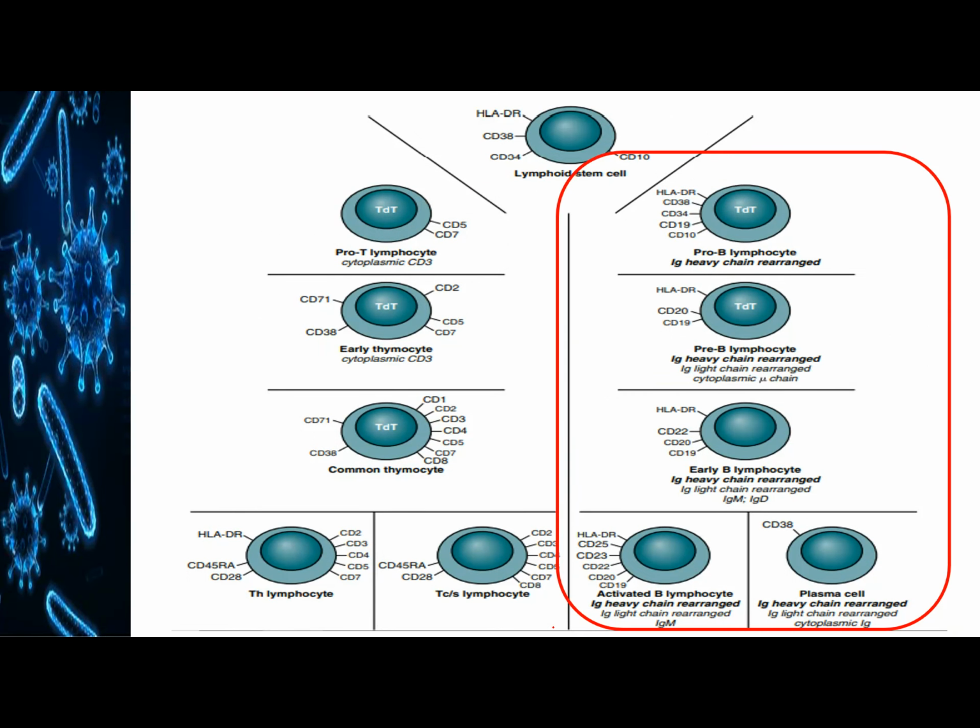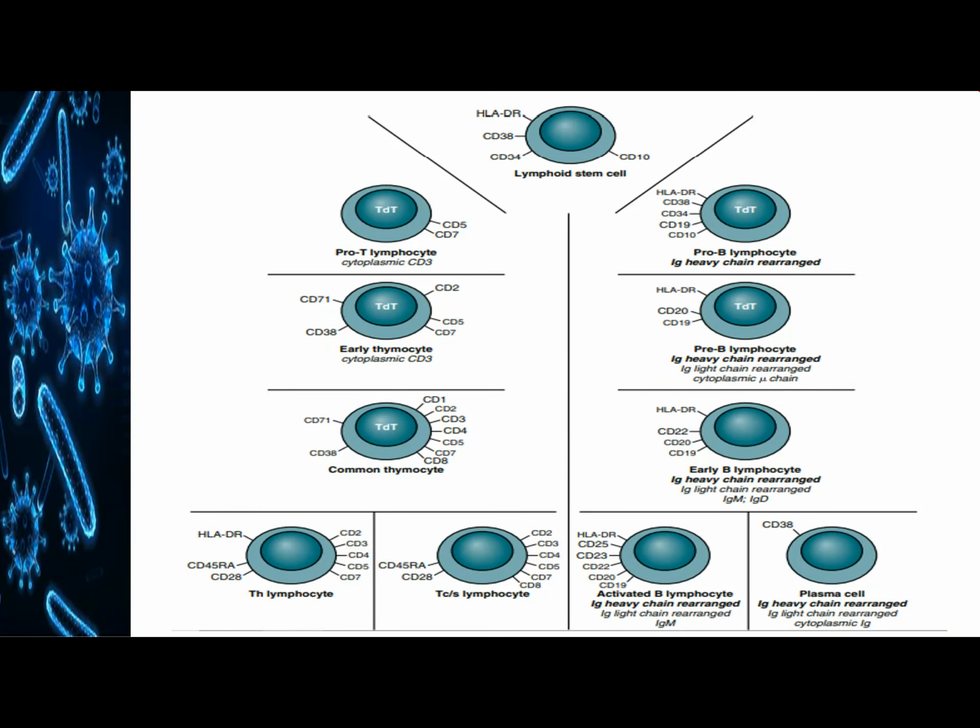So, dito tayo sa left side, class, pag-focus. So, this is your lymphoid stem cell. If it's going to become your B cell, it would start with your pro-B lymphocyte. So, you have your HLA-DR, CD38, 34, 19, and 10, and immunoglobulin heavy chain rearranged. After your pro-B cell, it would become a pre-B cell.